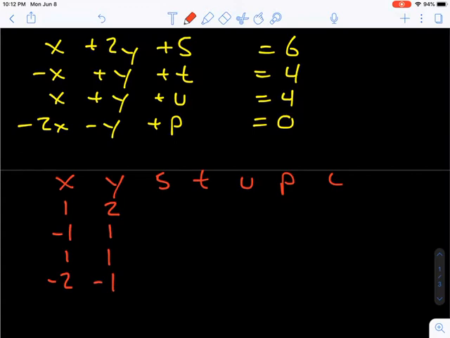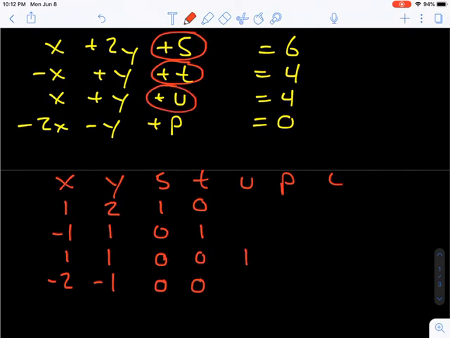In the s column, we have a 1 because we have an s in the first equation, but we don't have any s's in the other equations, so we put in zeros. We have a t in the second equation, but we do not have t's in the other equations. We have a u in the third equation, but none in the others. And finally, we have a p in the fourth equation, but none in the other equations. Finally, put in the constants.